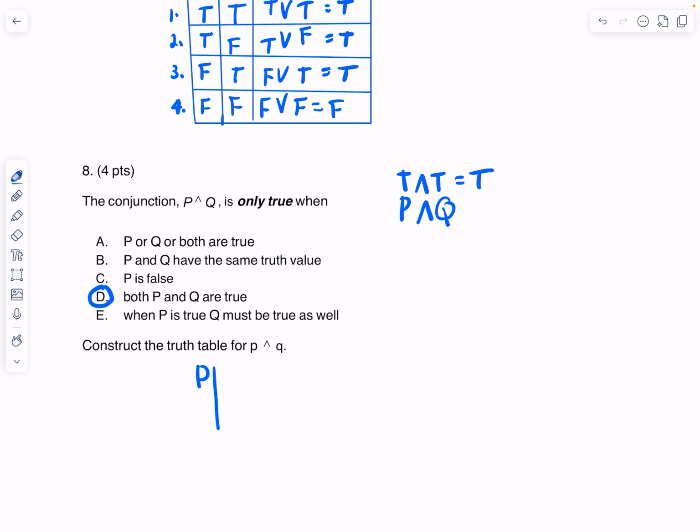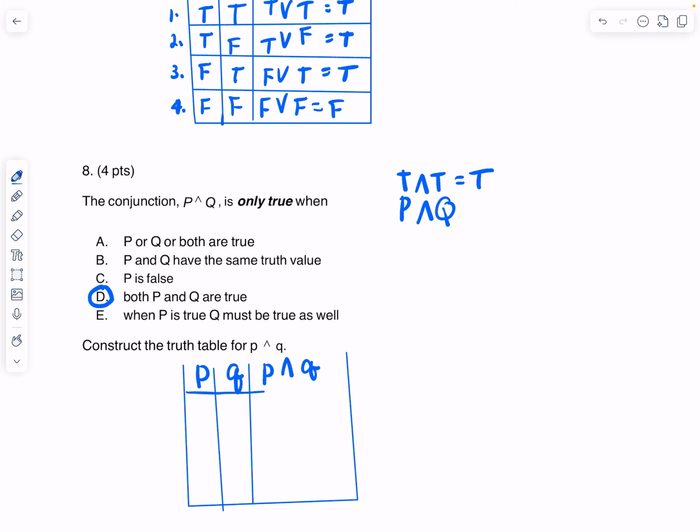Okay, so same deal. I do a P column, a Q column. I do P and Q. And then I need my 4 rows. And voila.